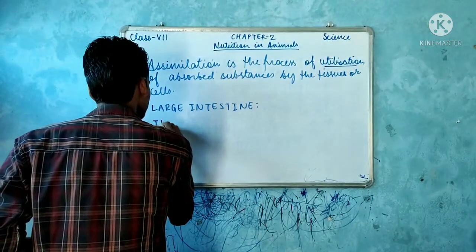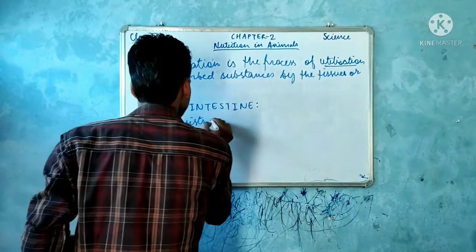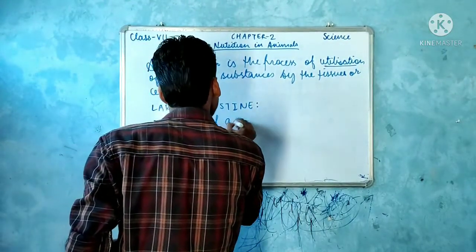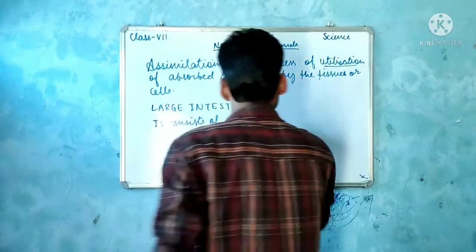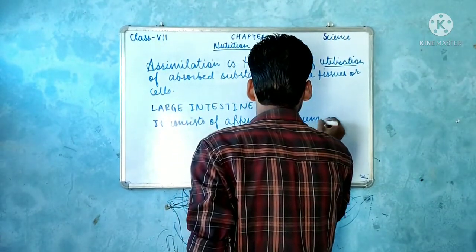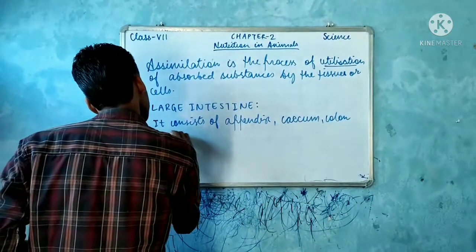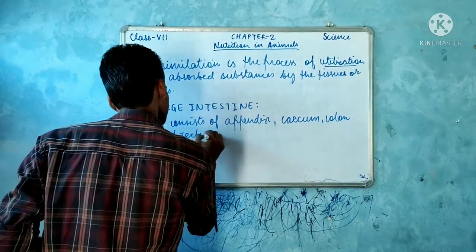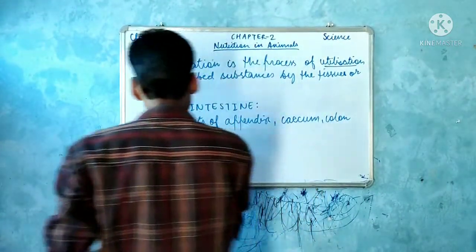It consists of appendix, cecum, colon, and rectum.